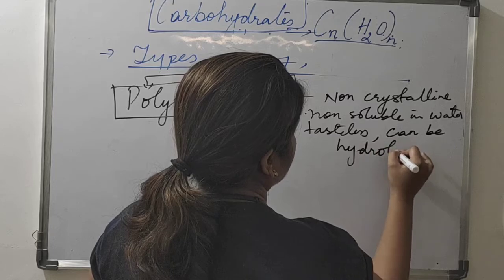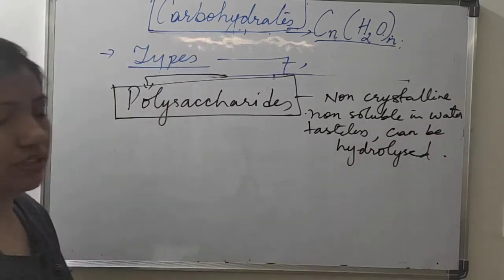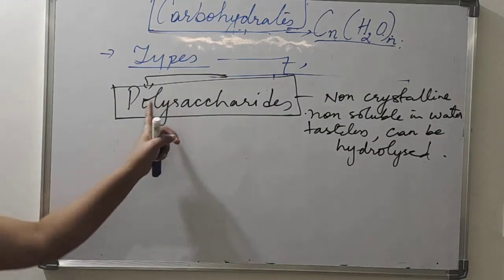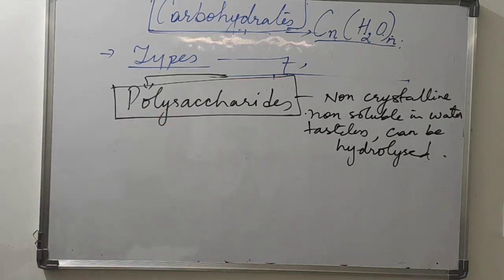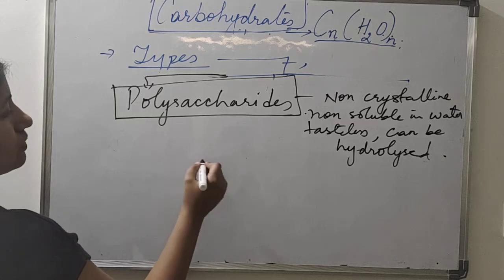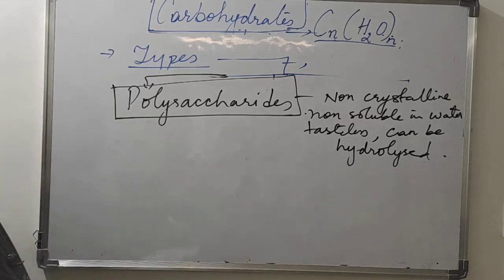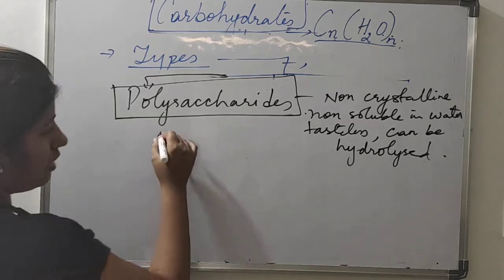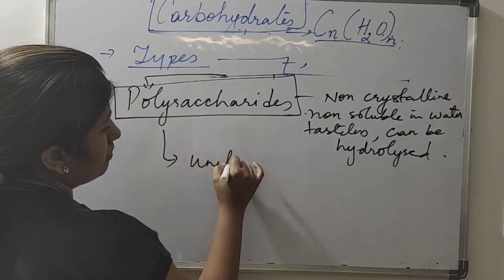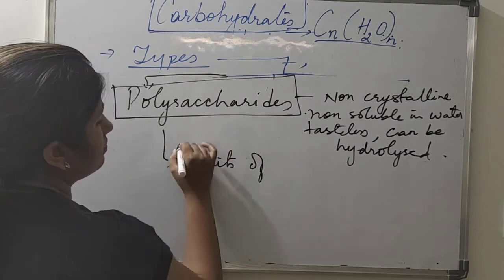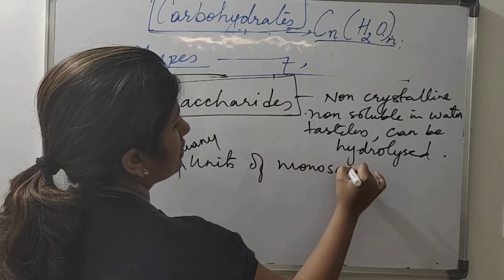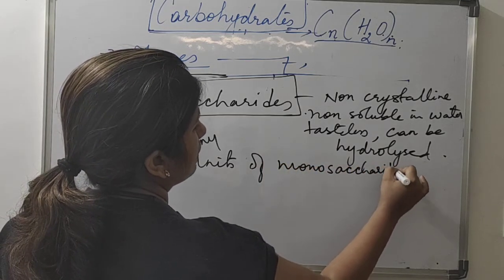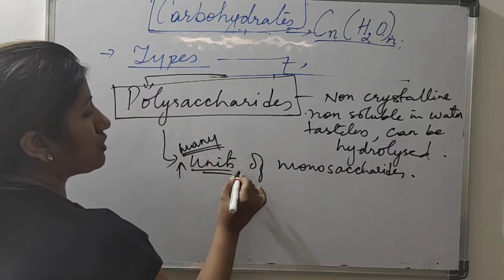It can be hydrolyzed because they are complex. Polysaccharide is made up of many monosaccharides, many units of monosaccharides.